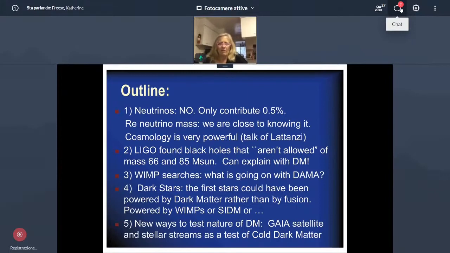And then on WIMP searches, Donna is still sitting there, and what is going on with that? Dark stars is an idea that we invented about dark matter powering ordinary stars. And finally, there's a new way to test the nature of dark matter. That's the Gaia satellite. And we in particular use stellar streams as a test of cold dark matter. I don't have time for all of this, but let's start with 2 slides on neutrinos.